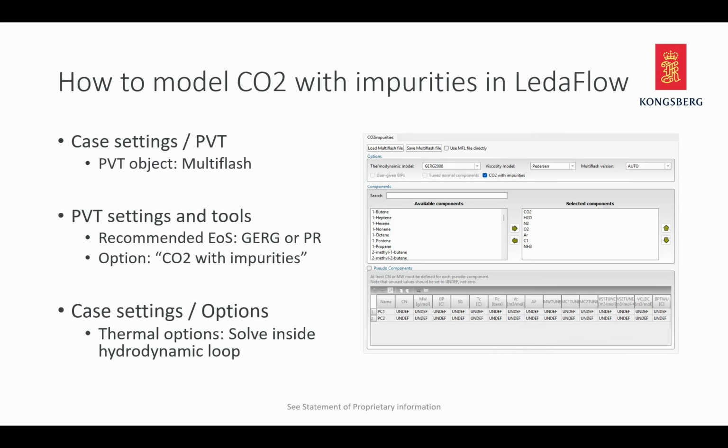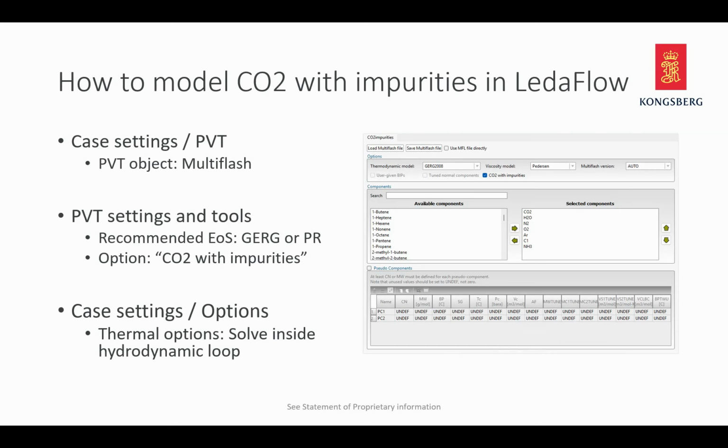The most accurate results are obtained using the Gerg 2008 equation of state in multi-flash, but it can be quite slow, especially for a large number of components. So when calculation speed is important, then Peng-Robinson gives the best results compared to the other standard equations of state. Please note that the Gerg 2008 requires an additional license from multi-flash. It is not part of the multi-flash basic license.